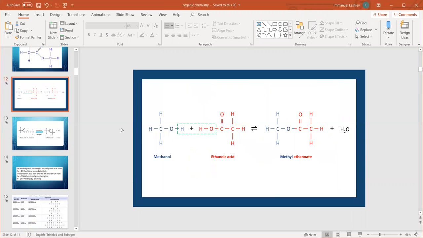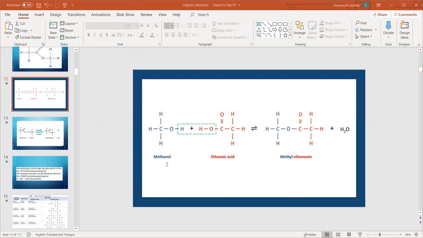All right. So just to open it up so that you can actually see how it's happening. Methanol: meth represents the presence of one carbon, and it has an OH group, meaning that it's an alcohol, while the ethanoic acid, eth represents the presence of two carbons.